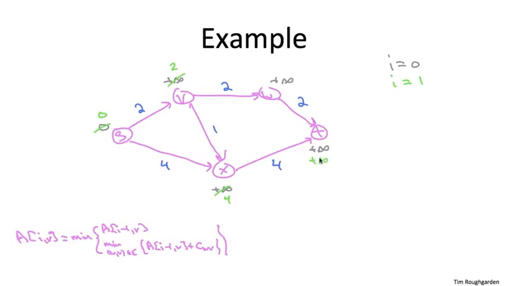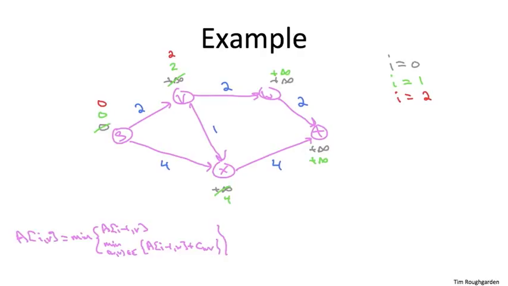So now let's move on to the next iteration of the outer for loop when i equals 2. The subproblem solution at S is not going to change. You're not going to do better than 0, so it's going to stay that way. Similarly, at the vertex V, you're not going to do better than 2, so that's going to stay the same at this iteration. Something interesting happens at the vertex X, however. In the recurrence, you certainly have the option of inheriting the previous solution.